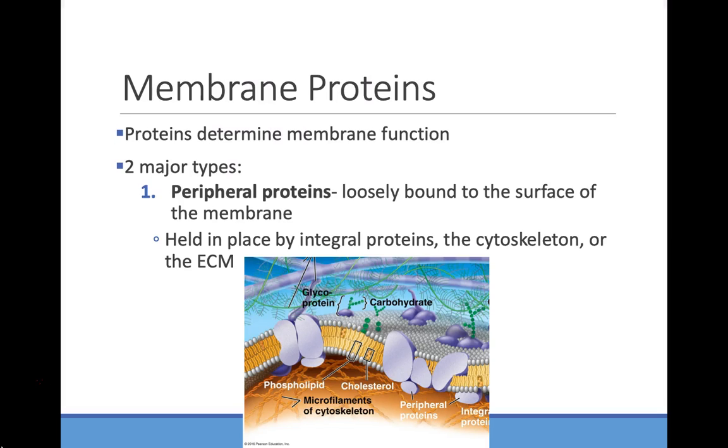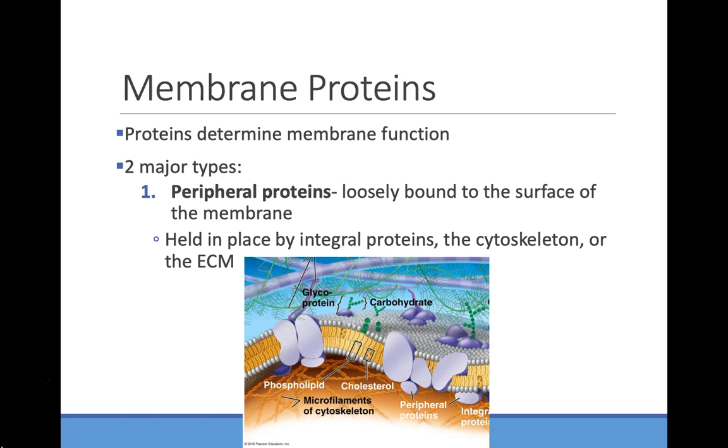So let's talk about membrane proteins. Proteins are really important because they not only give some structure and support to the membrane, but they also determine the membrane's function. There are two major types of membrane proteins. The first are peripheral proteins.